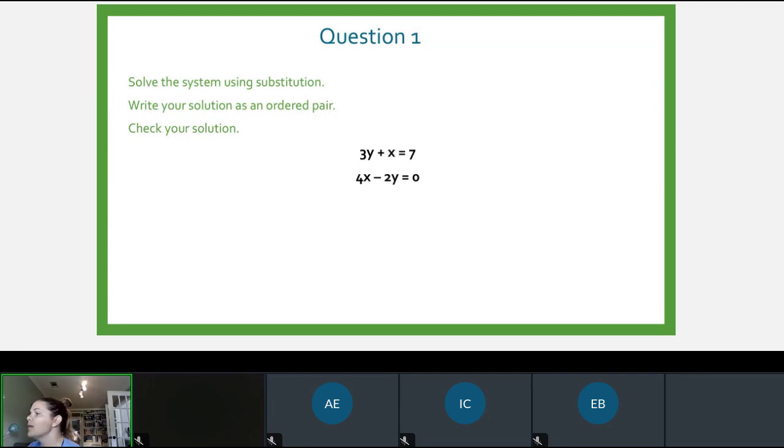All right, so remember, we want to get one of these two equations solved for x. Yep, I'm going to do it with you. So we're looking for a variable that has a coefficient of 1. Does the top equation have a variable with a coefficient of 1 or the bottom?